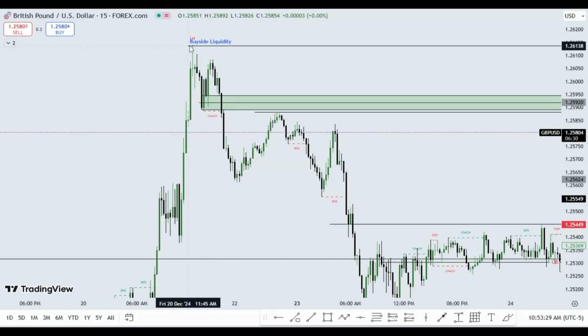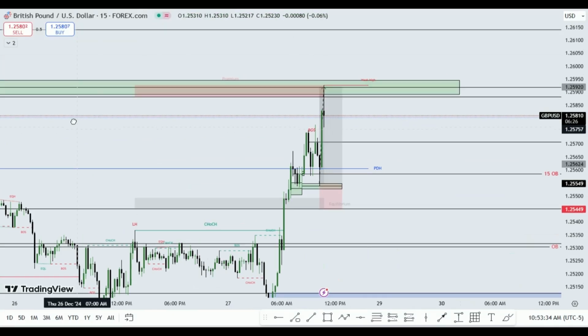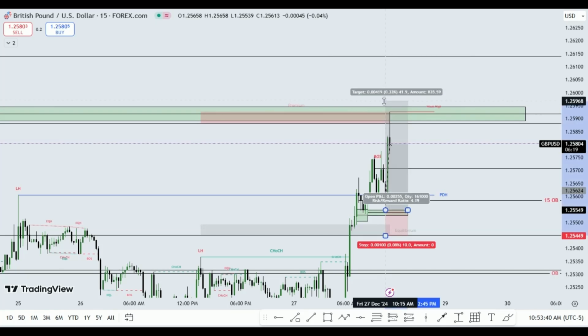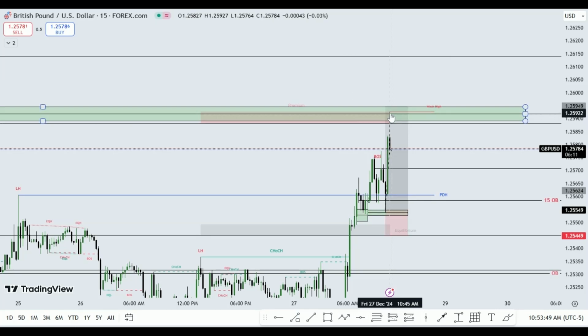But we are not expecting more, because our target is already hit. So we are just expecting some 3 pip again. This level, 40 pip. But even this level, 30 pip, 37 pip is enough.